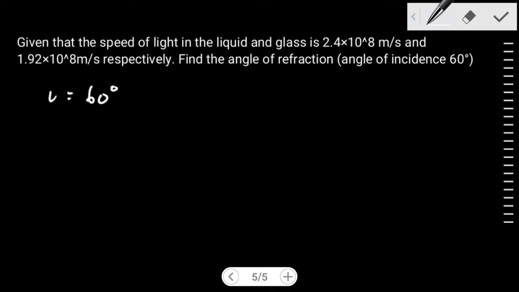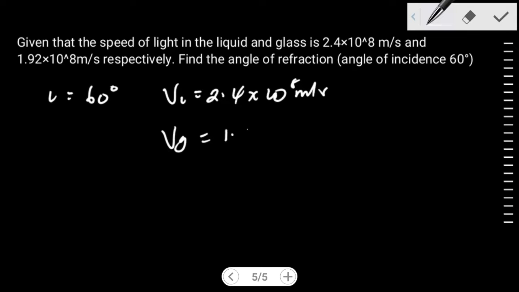Now the speed of light v in the liquid is 2.4 times 10 to the power 8 meters per second, and the speed of light in glass has been given as 1.92 times 10 to the power 8 meters per second.